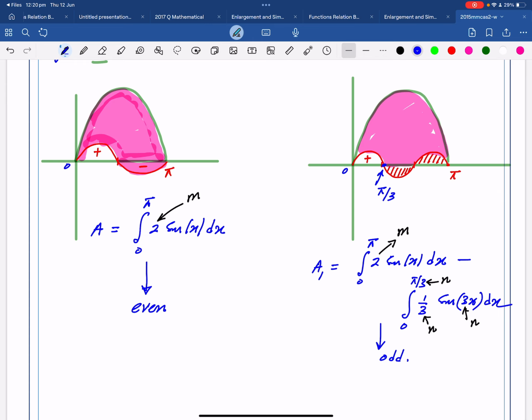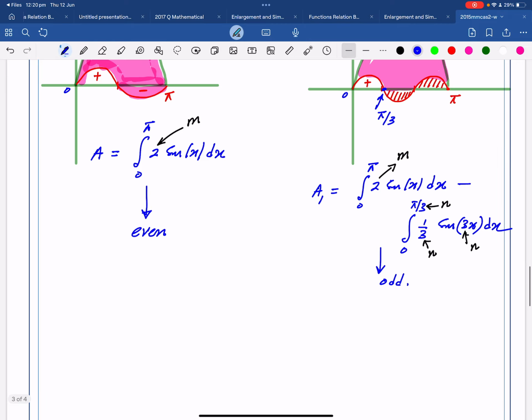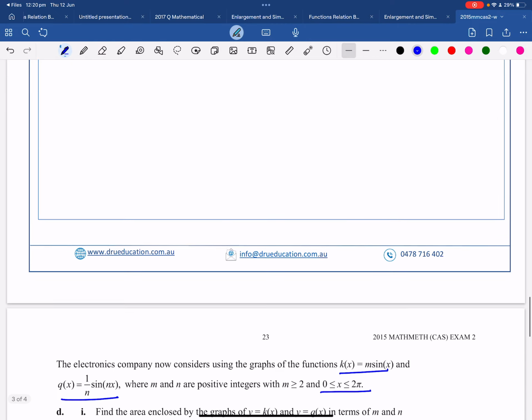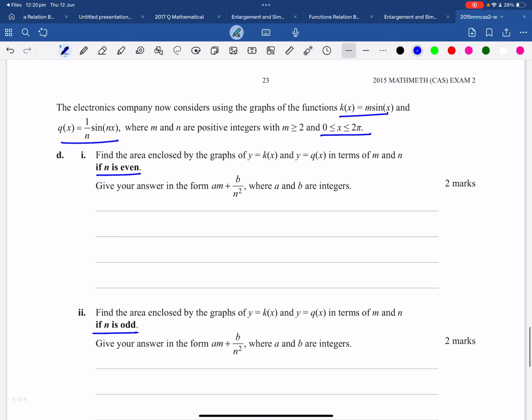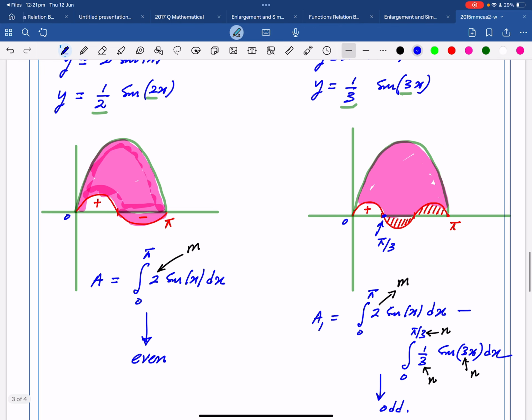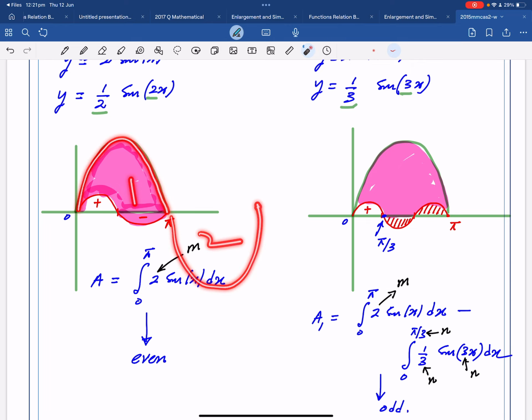If you think about that question here, only m is contributing when n is even. So the area can be written as, I'm going to put 2 here, because there are 2 sides. I just showed you only one side here: this is the first side, and then the second side is also there. That's why I have 2 in front.